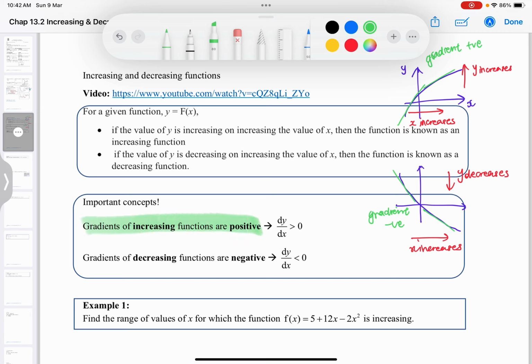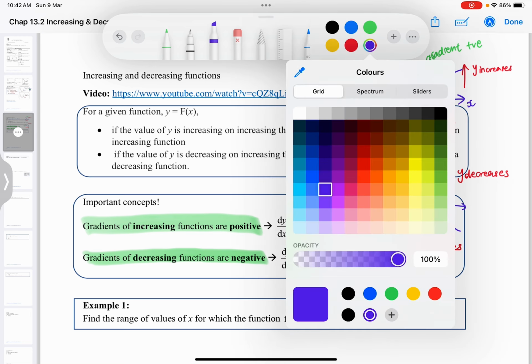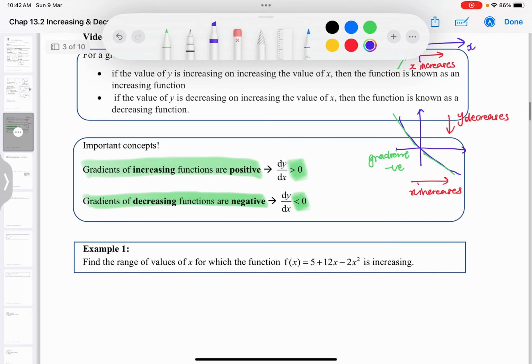Gradients of increasing functions are positive. That means the dy/dx is actually greater than 0. Whereas the gradients of decreasing functions are negative and the dy/dx is less than 0. So let's look at our first question and how we can apply that into solving questions.